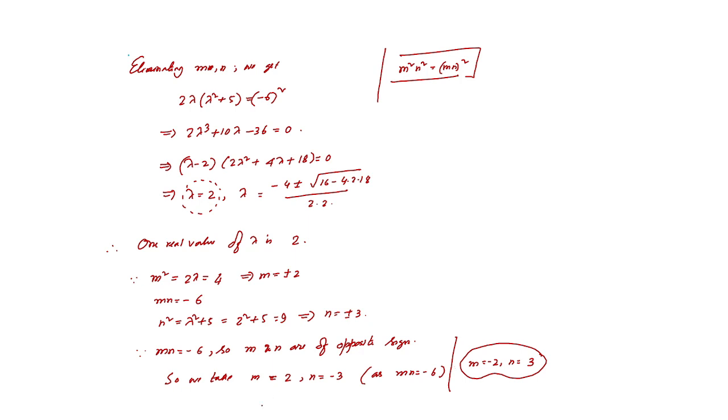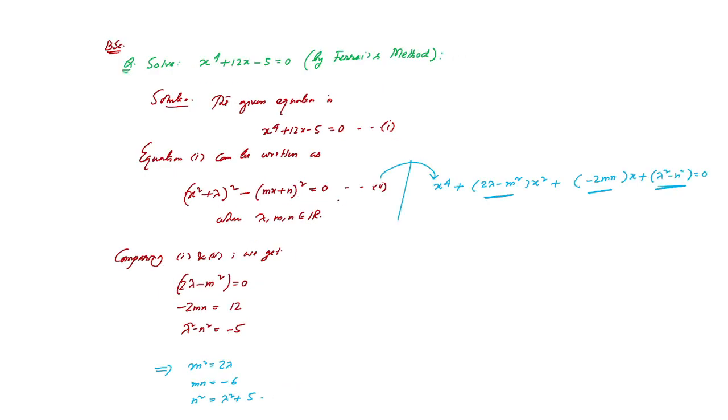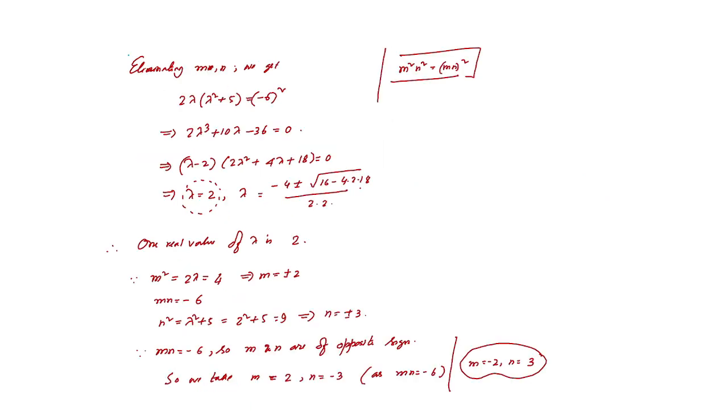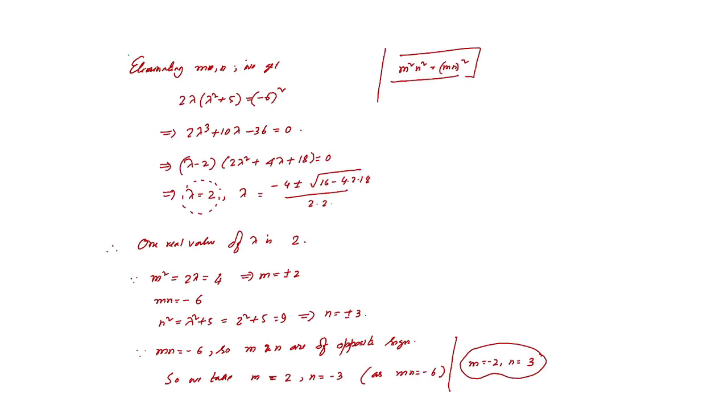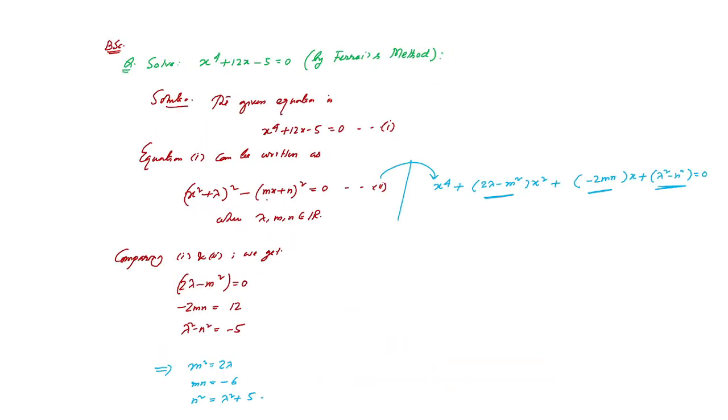So now we are basically putting the values of m and n in equation 2, because we need the product of two quadratic equations. We need the form a square minus b square. So from 2 we get what is exactly given: x square plus lambda whole square minus mx plus n whole square.